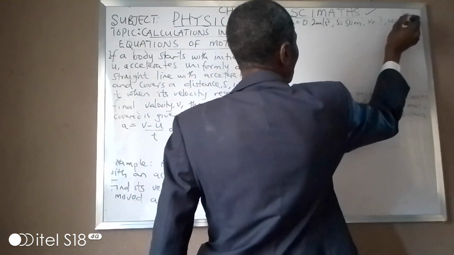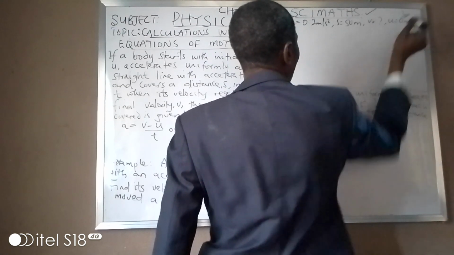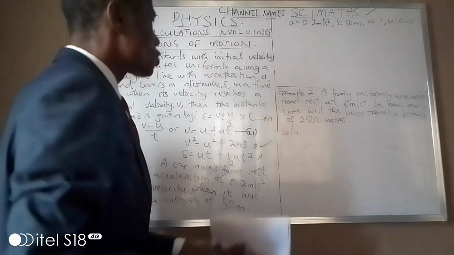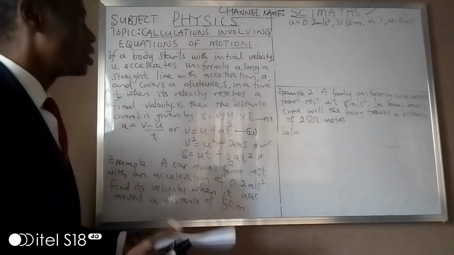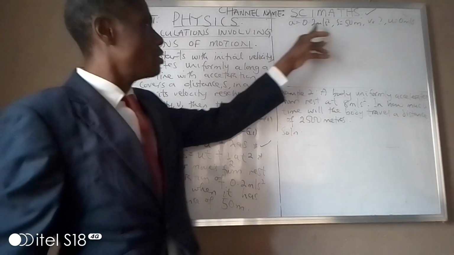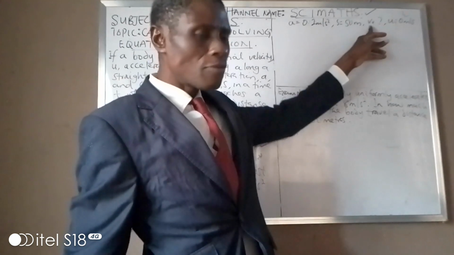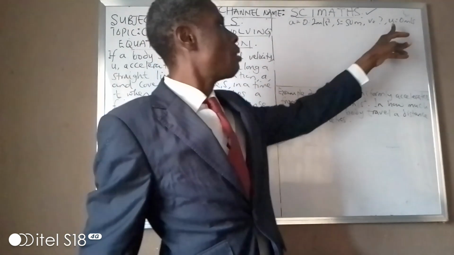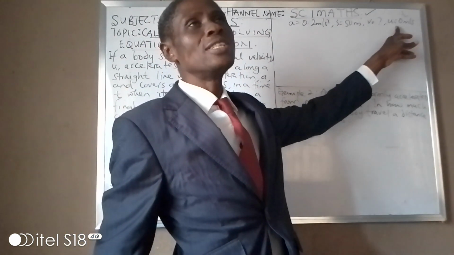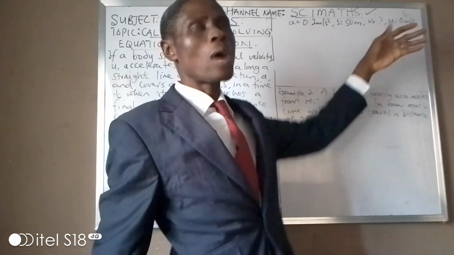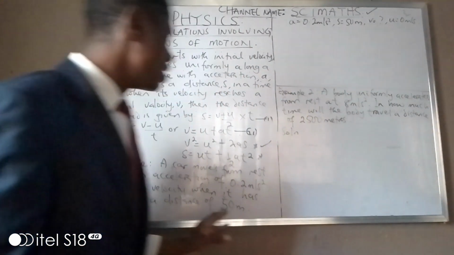We assume our u is 0 meters per second. So if you look at what we have on the board, acceleration, distance, we are looking for final velocity, and we assume that our initial velocity is 0 meters per second. Why? Because it is not stated in the question.